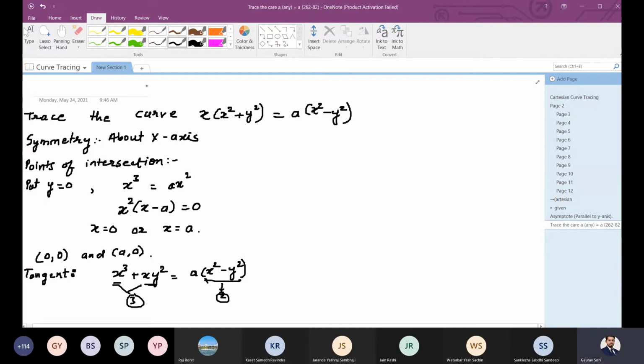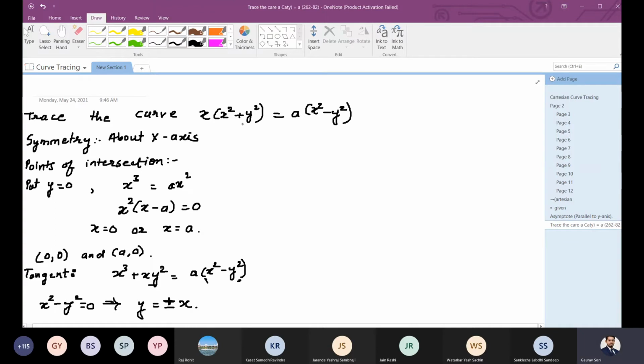So the group of lowest degree terms is the right hand side. I will equate that complete term to 0 in order to get the tangent at origin. So x square minus y square is equal to 0, which implies that y equal to plus minus x. So there are two tangents at the origin, y equal to x and y equal to minus x. Both are distinct, so this point is going to be a node.